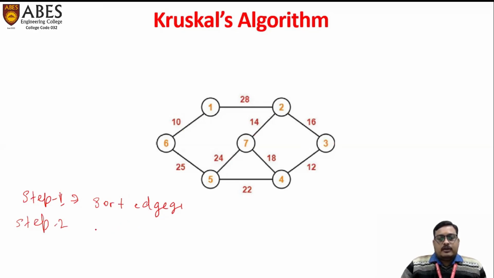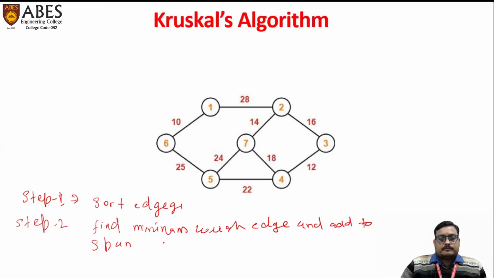So one by one, step 2 is to find the minimum weight edge and add it to the spanning tree if there is no cycle. If after connecting this there is no cycle, then only we will add this edge. Otherwise, we will discard this edge.